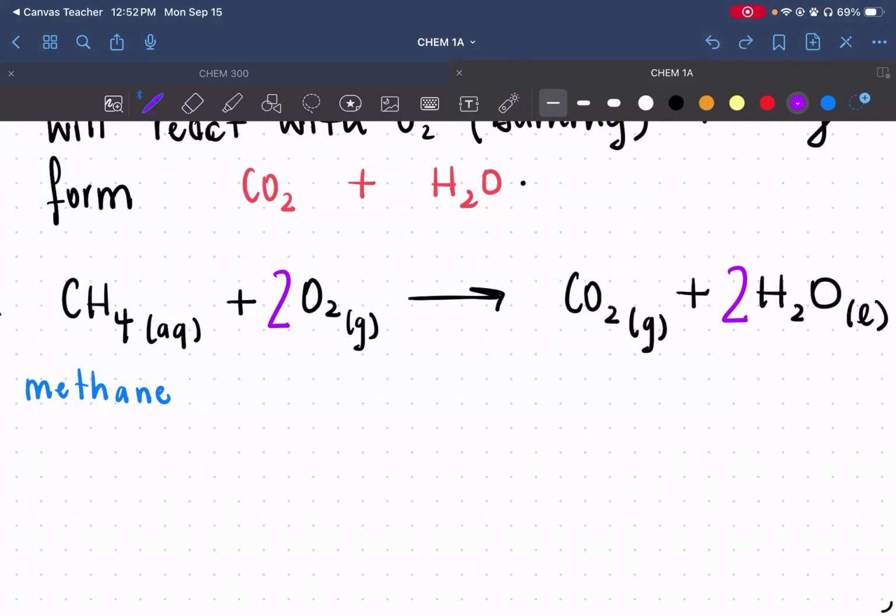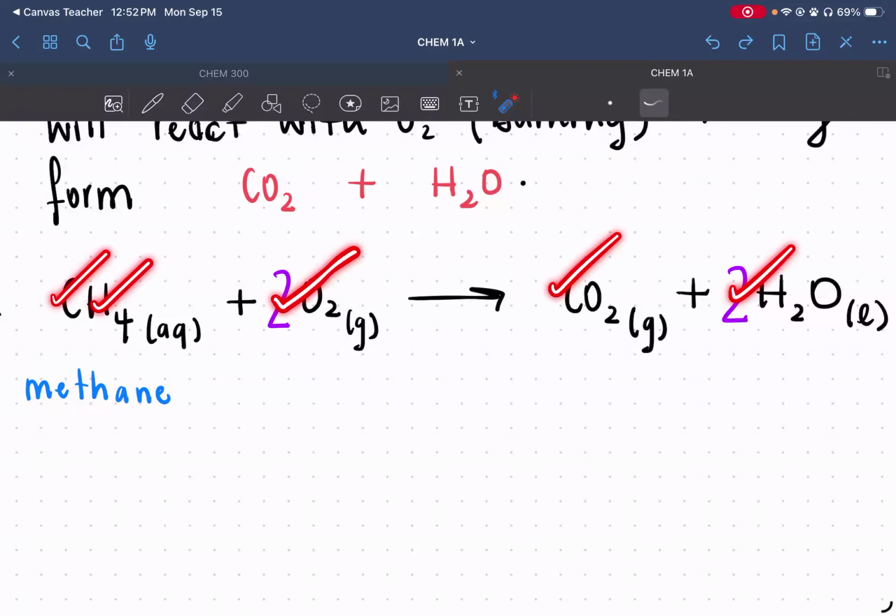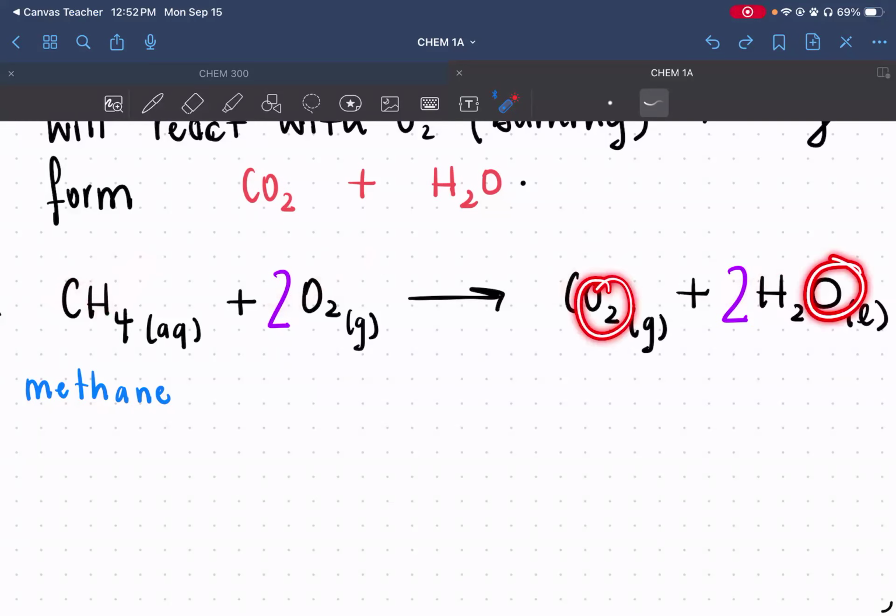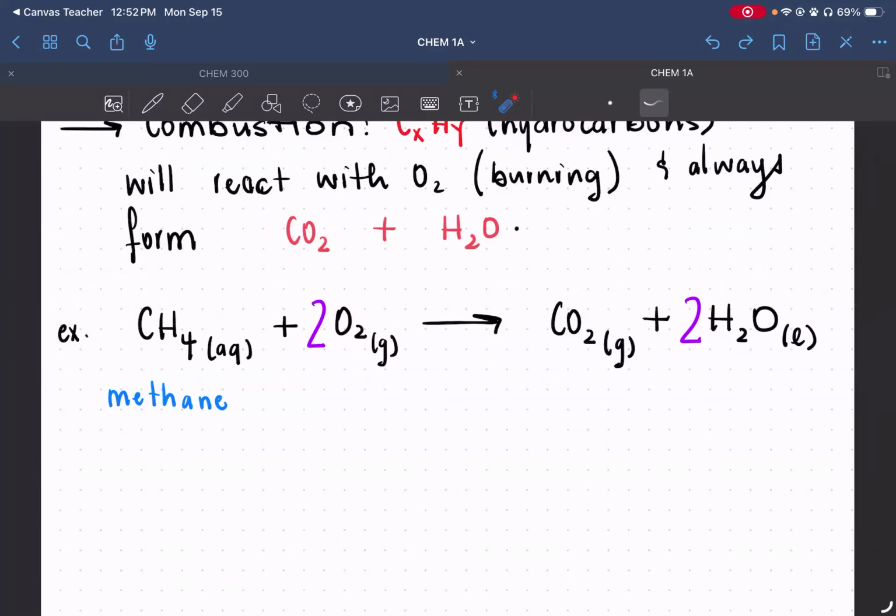Everything is now balanced. 1 carbon, 4 hydrogens, 4 oxygens, and in total 4 oxygens. So this right here is the completely balanced equation for the combustion of CH4.